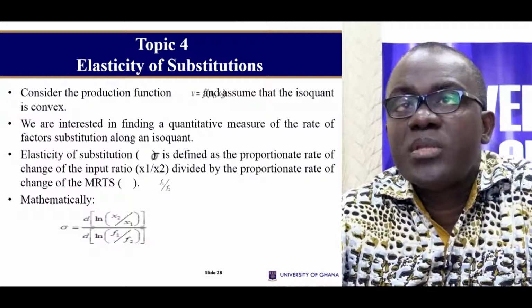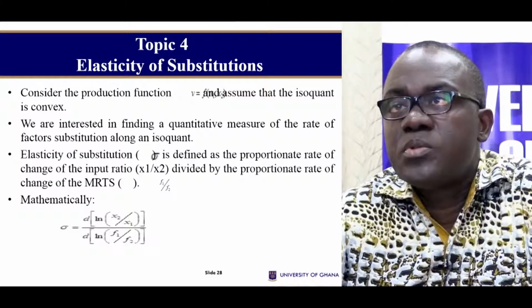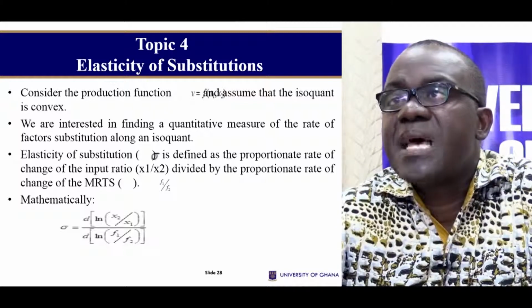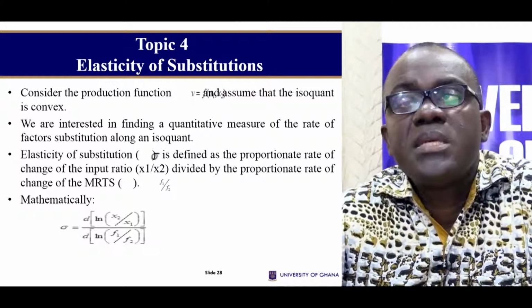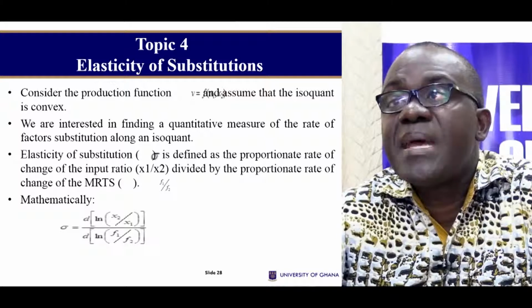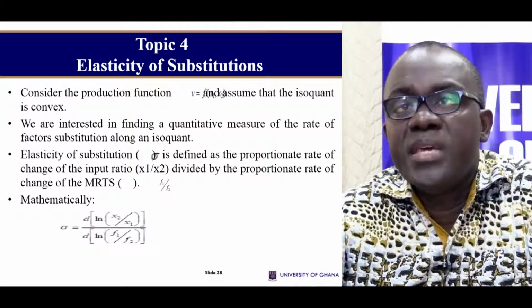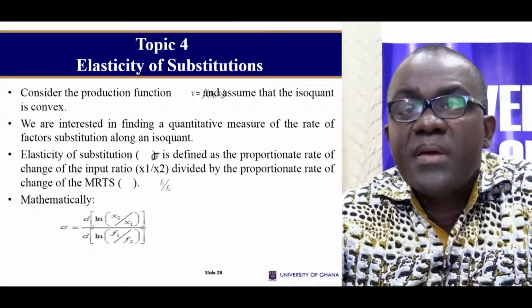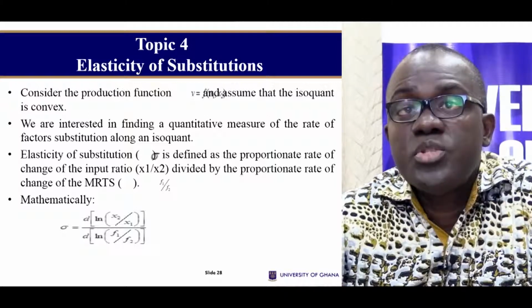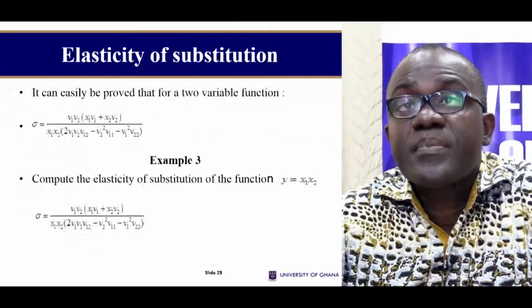This is what we call the elasticity of substitution. We define this as the proportionate rate of change of the input ratio divided by the proportionate rate of change of the marginal rate of technical substitution. So this is the formula for finding the elasticity of substitution mathematically.